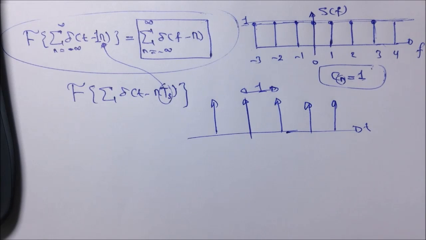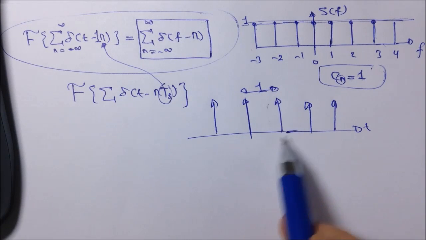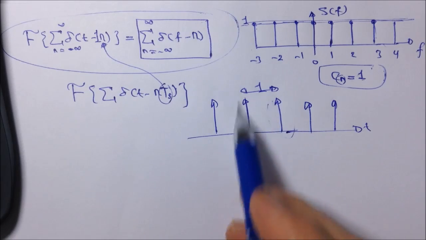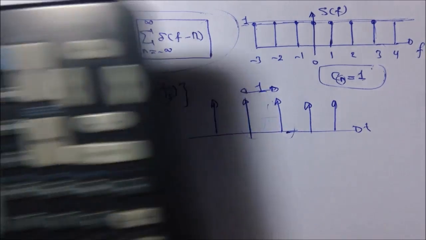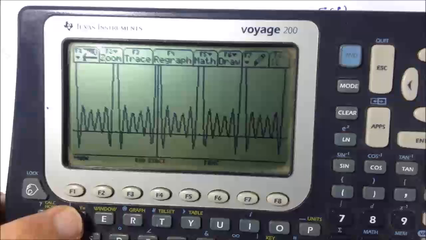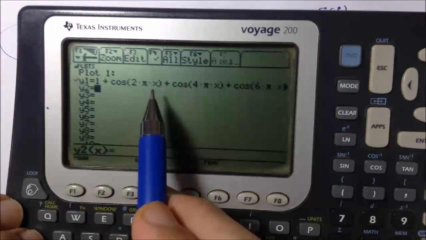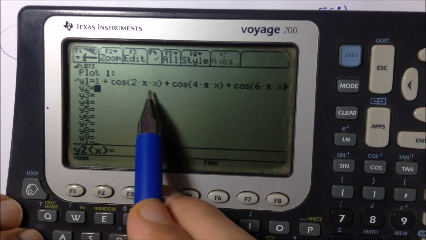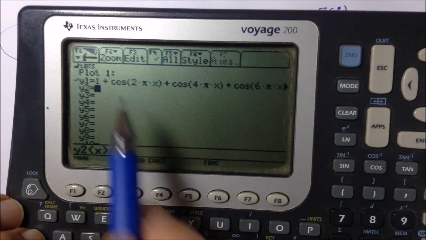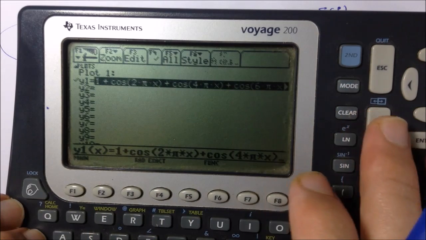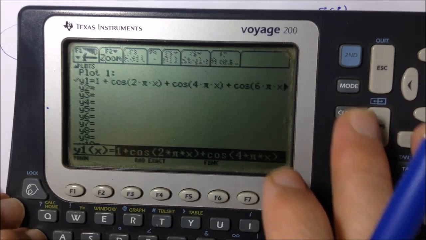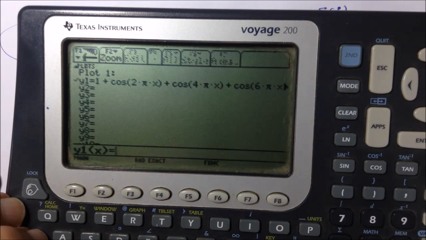So why is this happening? Why is the time interval between two impulses 1 second? That is because the fundamental frequency I used has a 1 hertz frequency. Let's have another series with a fundamental frequency of 0.5 hertz. So 0 hertz plus a 0.5 hertz sinusoid.